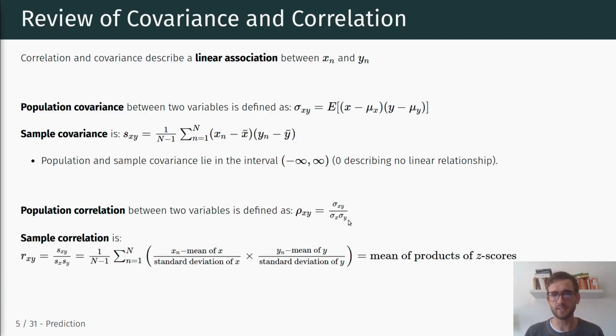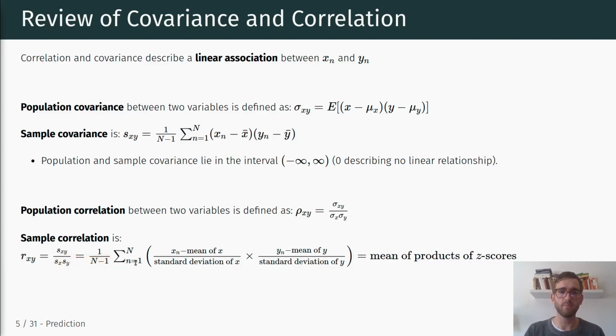And similarly, and this is now the main formula that we saw in the book, the sample correlation is basically the same thing, just for our specific sample, where we divide the sample covariance SXY by the standard deviation of x times the standard deviation of y.